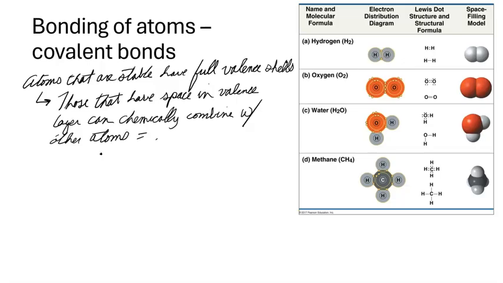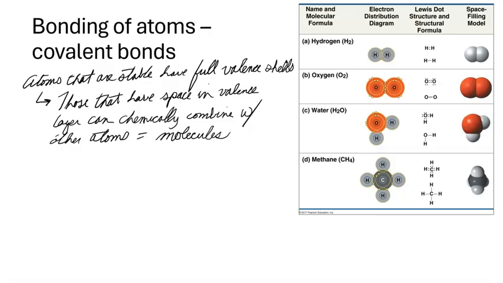And when they do that, we build molecules. So a molecule is multiple atoms, 2 or more, that combine with each other with the goal of filling the valence layer. And there are multiple types of bonding that occur, multiple ways that these atoms can fill their valence layers.